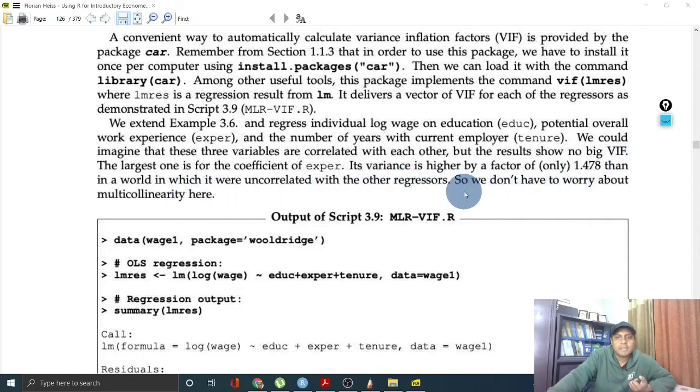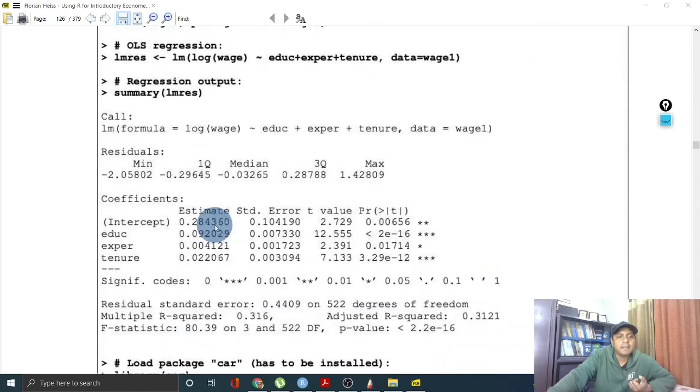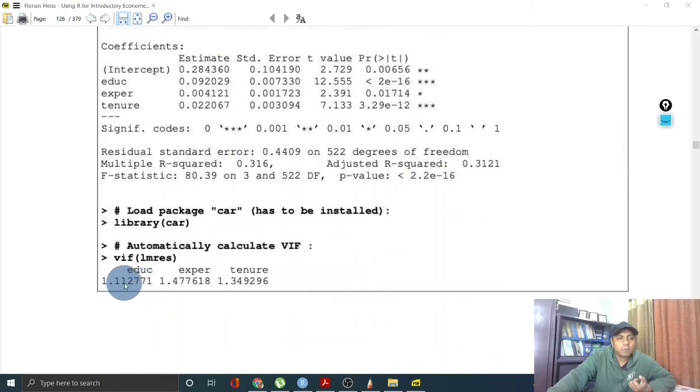So the conclusion here is we don't have to worry about multicollinearity, and the values given here are 1.11, 1.4, 1.3. So the larger the VIF value, the higher the chance of multicollinearity. The lesser the VIF value, closer to 1, then you should say that yes, there is no multicollinearity problem in your model.